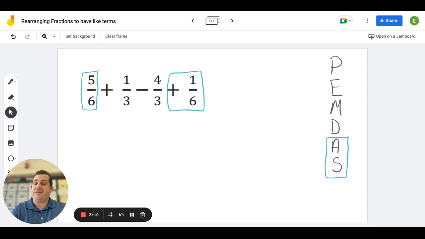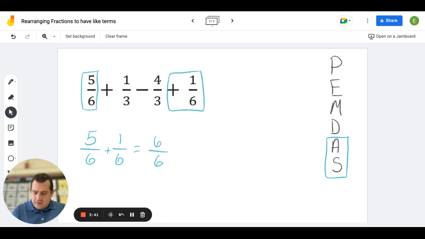I'm going to write that down here: 5/6 plus 1/6 equals, and now we can add that because we have common denominators, 6/6. Now, what also do we know about 6/6? We know that 6/6 is equal to 1 whole.